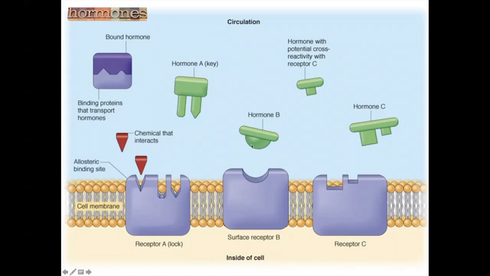Now, obviously, this hormone is going to fit this receptor, and this hormone is going to fit this receptor. But there may be some additional activity where you can have a little bit of overlap, and bound hormones are not binding to the receptors. And we'll talk about that in just a second, the binding proteins, how you're going to carry these things through the blood.